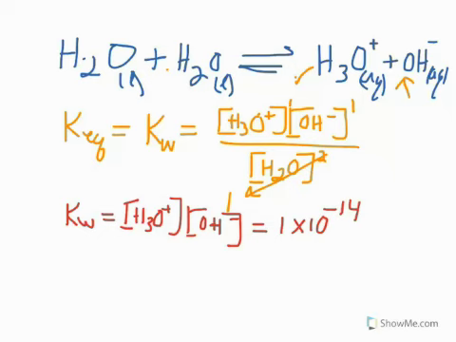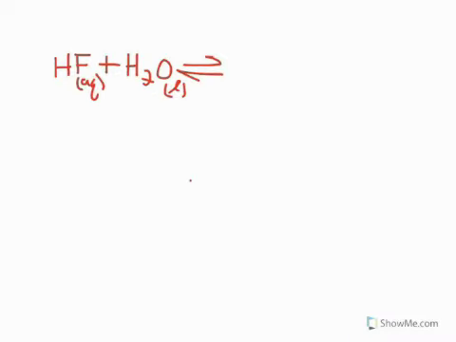Alright, so let's look at some other equilibrium. Okay, so here's, for example, a weak acid in water. HF aqueous plus H2O liquid is in equilibrium, and you should know this equilibrium. We get F minus aqueous plus H3O plus aqueous.